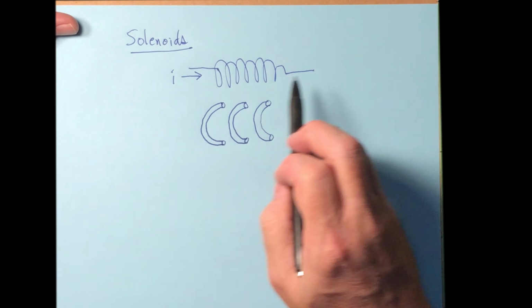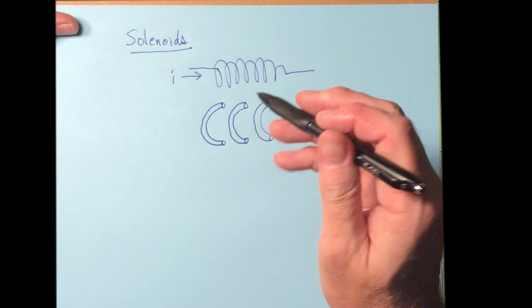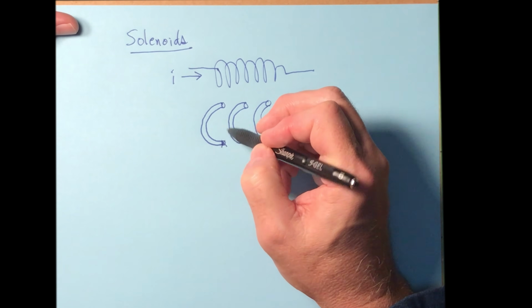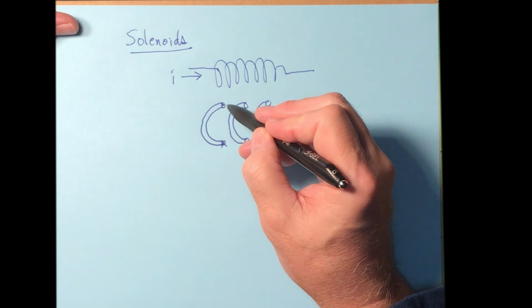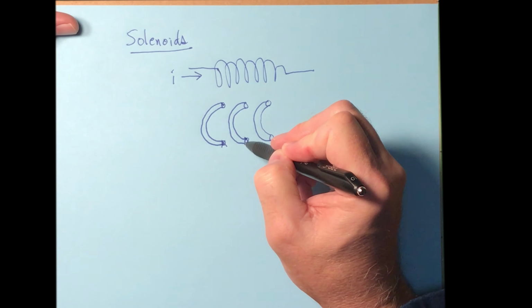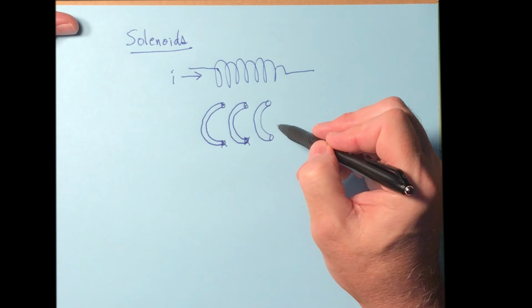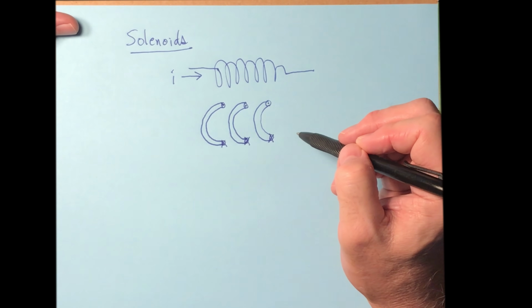So we've cut this thing in half, and the current that's going in is maybe going in on this end, going through the wire, coming out on that end, then looping back around and going in on this end, coming out there, looping back around, going in on this end, and coming out there.